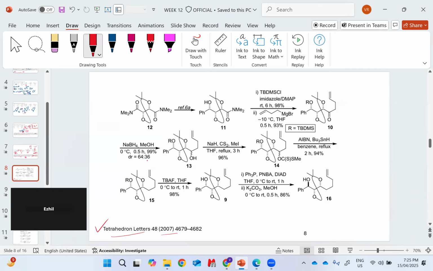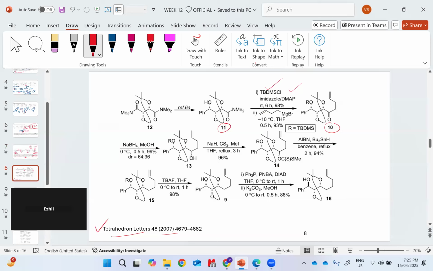So the first step is the conversion of 11 to 10. In this step you can see they added the TBDMSCl and imidazole. And further the second step was the addition of the methyl MgBr, so that's the Grignard reagent.